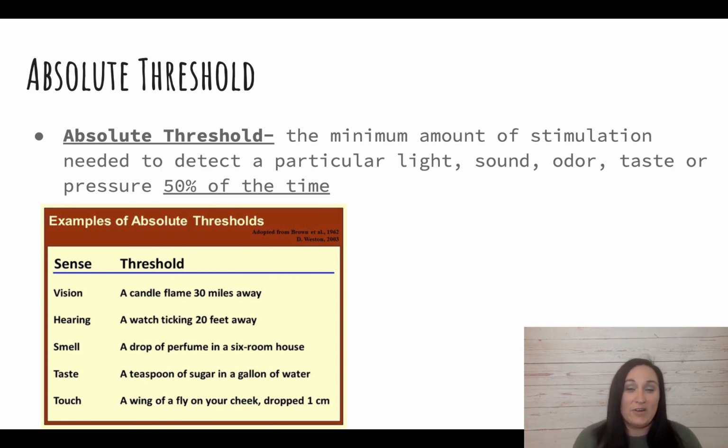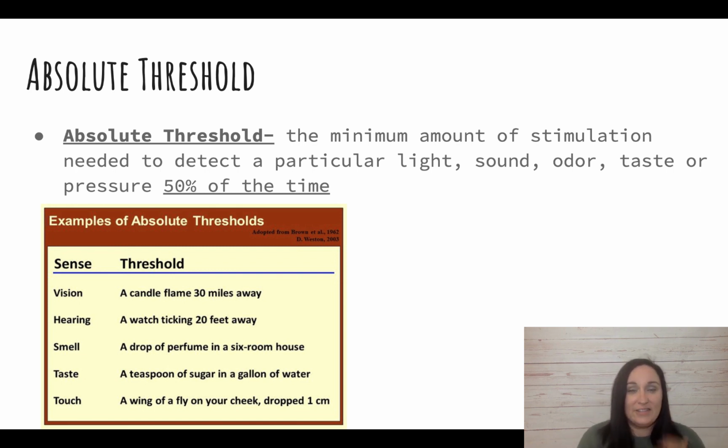That has met your absolute threshold. If you can't detect the candle flame 30.5 miles away, then it has not met your absolute threshold. So as soon as you can become consciously aware of a sensation, it has crossed your absolute threshold.